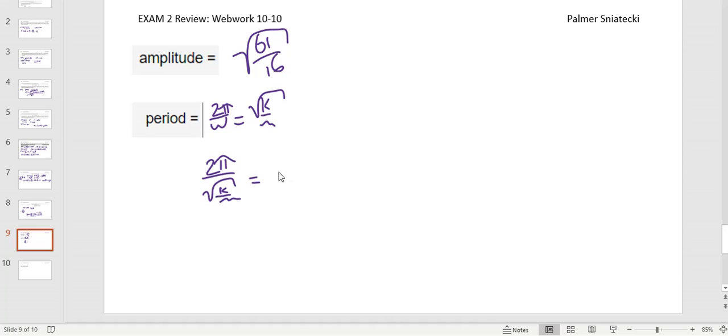If we flip, then it's just times m over k, which makes our lives a little easier to not divide by a square root, and then we have it all in the same line. And that's equal to 2 pi times, we know m is equal to 0.625, and k is equal to 10. So there's our period.